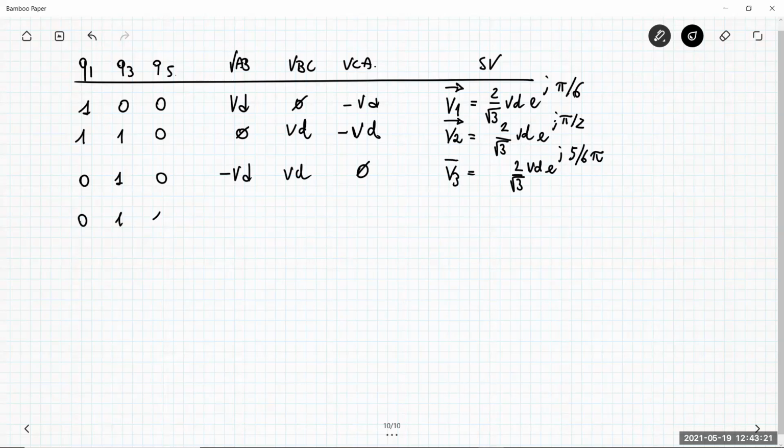0, 1, 1. 0, 1, 1 means that you have negative VD, 0, and VD. You get a space vector V4, which has the same amplitude of the previous space vectors, but a different angle.